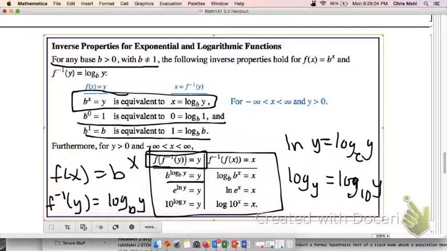Okay, and then the same thing on the left. If I do log base b followed by the exponential b to the x, that's composing an inverse function with the original function. So if I do b to the x and I undo it by following it with log base b, you just get the power back. And similarly, natural log of e to the x is x, or log base 10 of 10 to the x equals x. Okay, so let's take a look at an example.